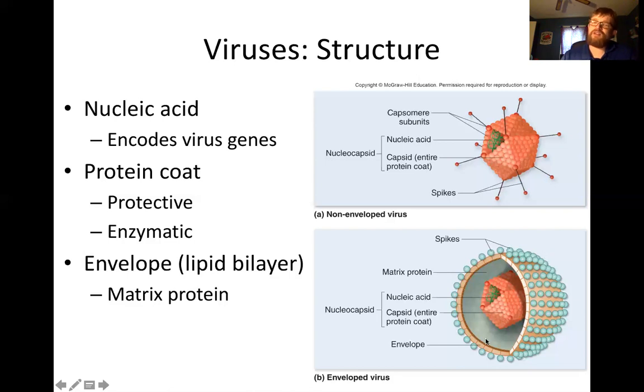So it has this extra layer of protection around that nucleic material, and this unique envelope structure drives its interaction with its target cell. And we'll go over that in just a second too. All right, so naked or enveloped.